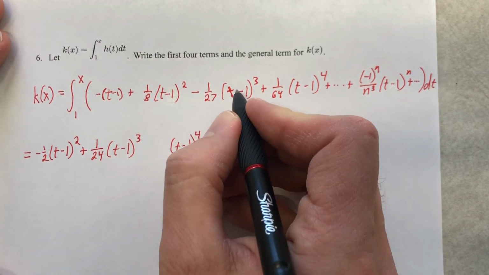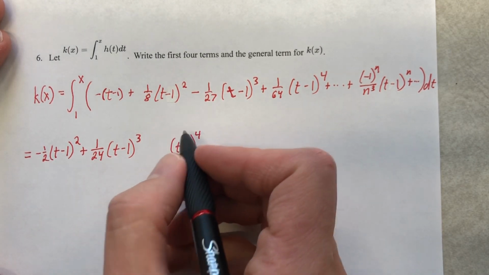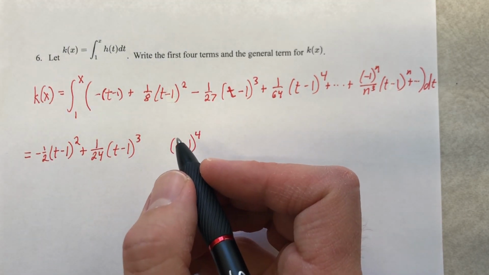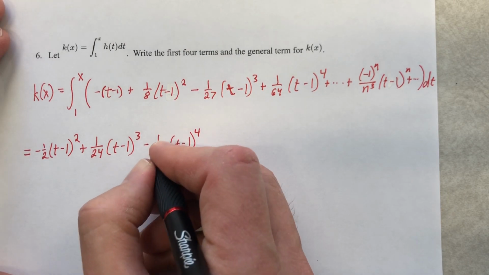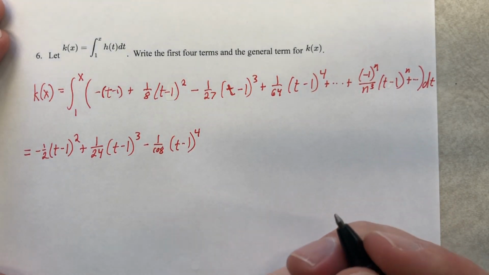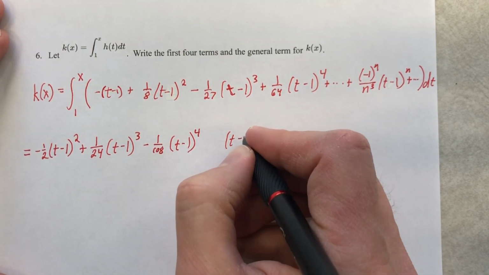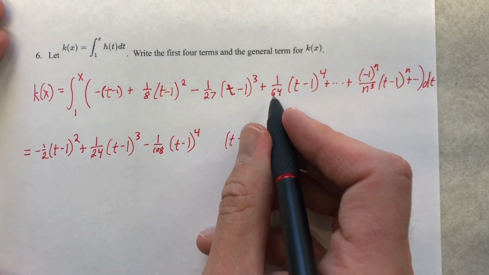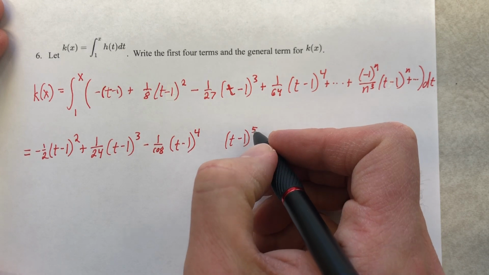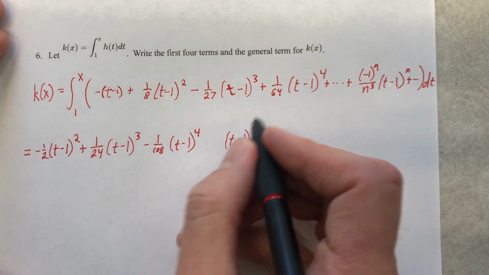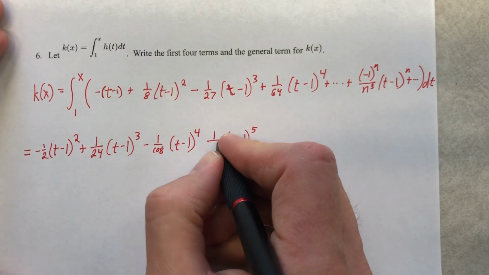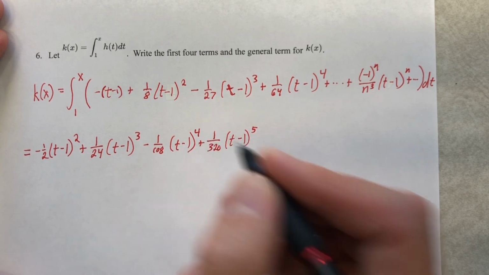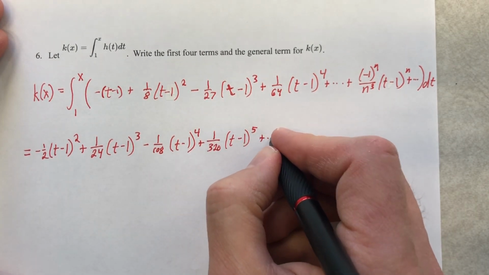So 1 over 27 divided by 4 is 27 times 4, which is 108. Now they're getting less obvious. And then t minus 1 to the 5th. 1/64 divided by 5 would be 1 over 64 times 5, which is 320. There's that. And then we'll keep going forever.